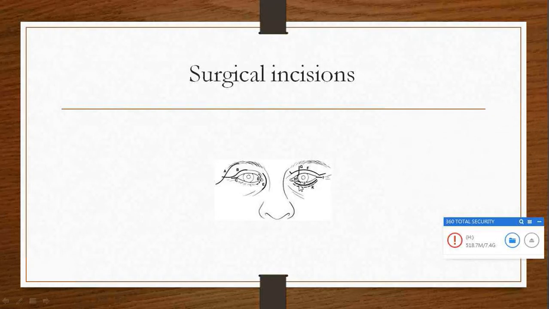J is the inferior lid margin incision. K is again the inferior lid crease incision. Like the upper lid has a lid crease, the lower lid will also have a lid crease. You can take the incision into the lower lid crease and you can hide the scar in the lower lid. So these are the different incisions by which you can enter into the orbit.